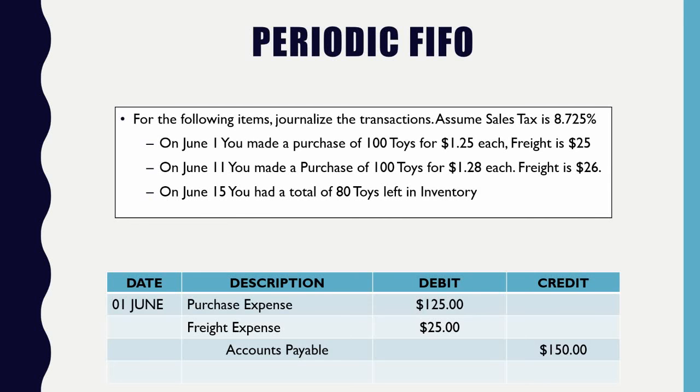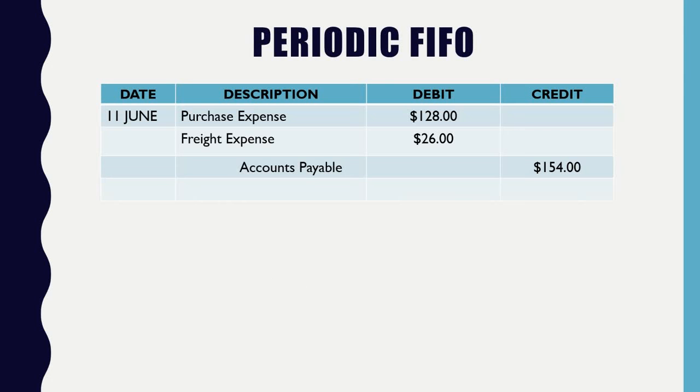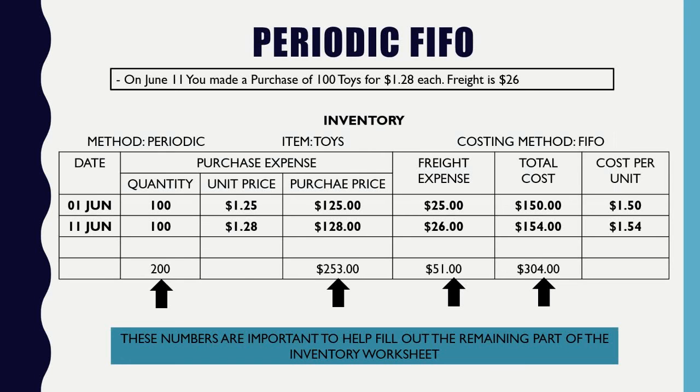Yes. All right. So now we recognize our purchase expense. We had 100 items, so now it's $128. And we need to include the freight, which is $26, which gives us an accounts payable of $154.